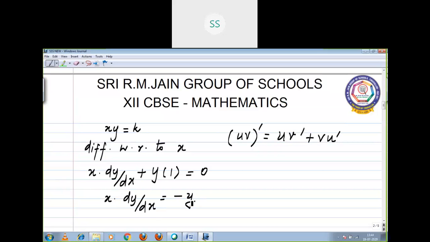This implies dy by dx equals minus y by x.